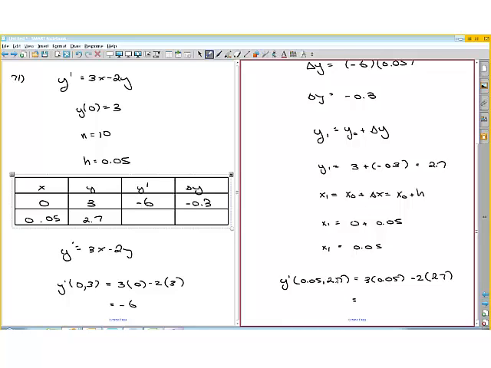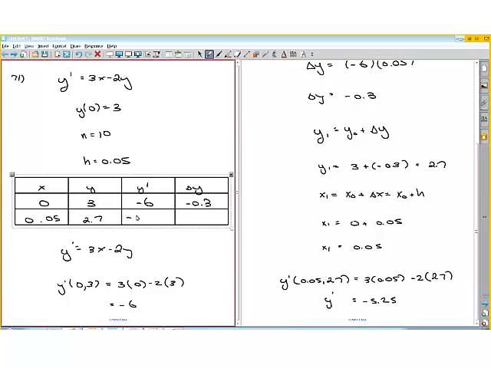And I'm going to calculate that. So I need to get my calculator. Okay, so we get 3 times 0.05 minus 2 times 2.7. And so the slope, y prime, at those values of x is -5.25. So that goes in here, -5.25.